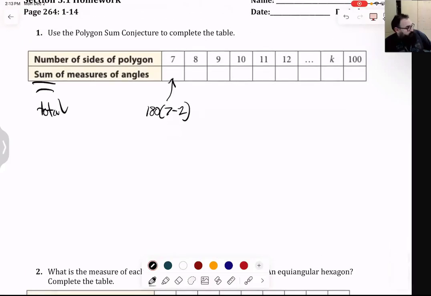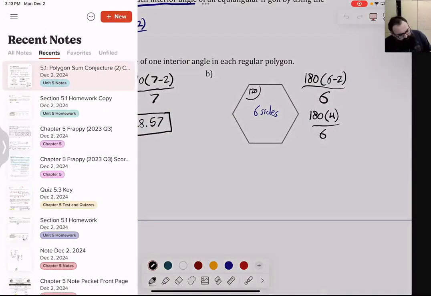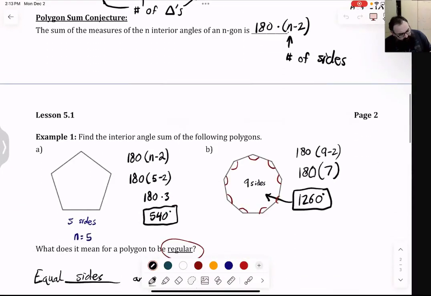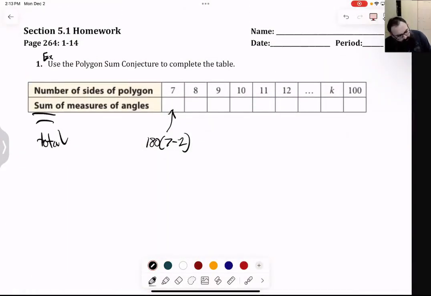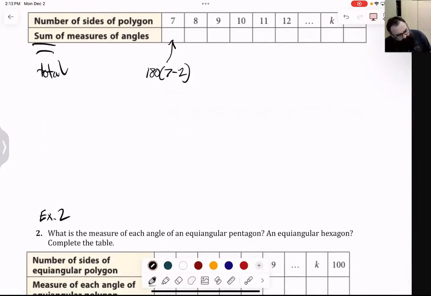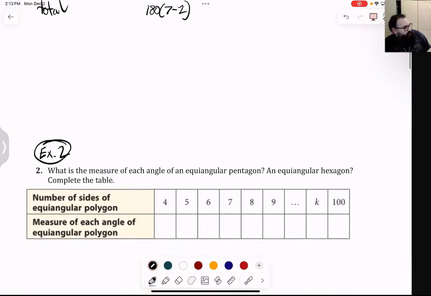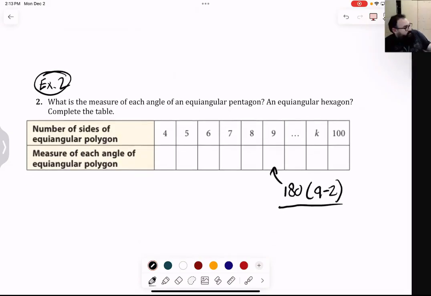The next part, and actually let me look in your notes really quick. This is basically like example 1. Now this next one is like example 2, but it's got a bunch of them. So if you had this here, it's 180 times 9 minus 2, but this is the one where you want to divide it evenly into all the angles.